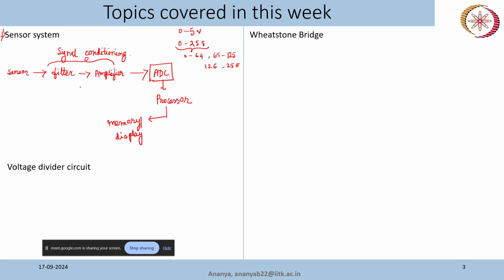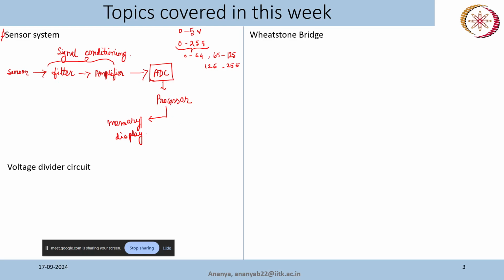The processor is some microprocessor; maybe you have made some circuit using an Arduino board or a similar microprocessor IC. In the Arduino board also there is an IC that performs the processing part. So this is a sensor system.